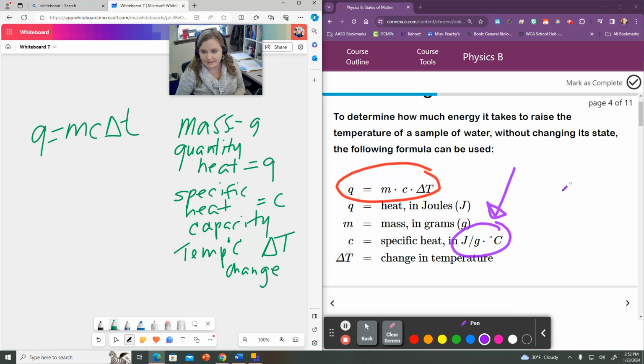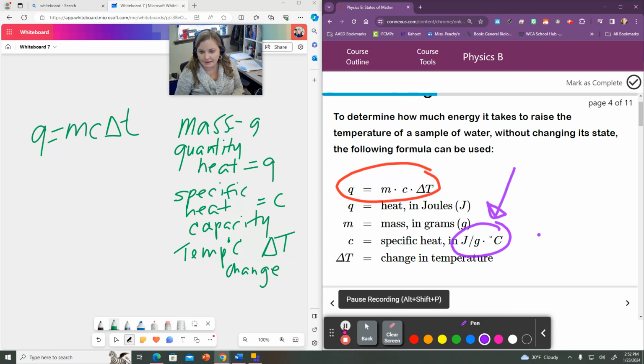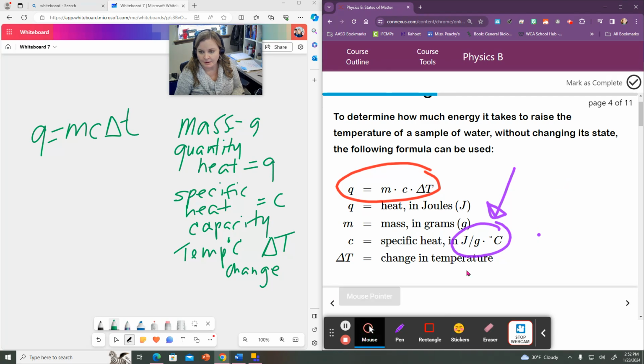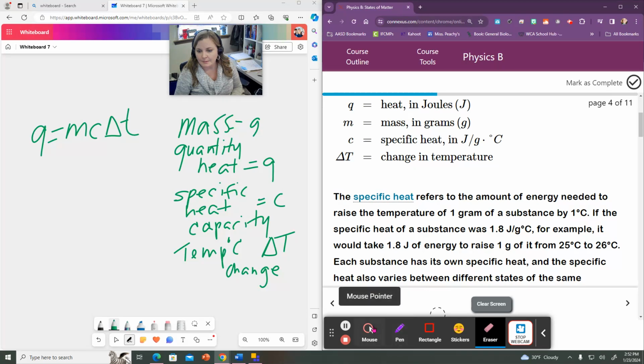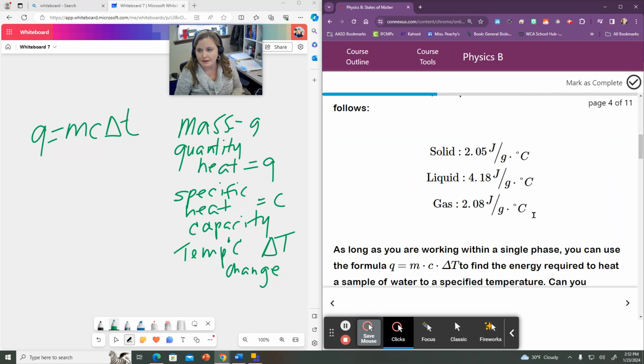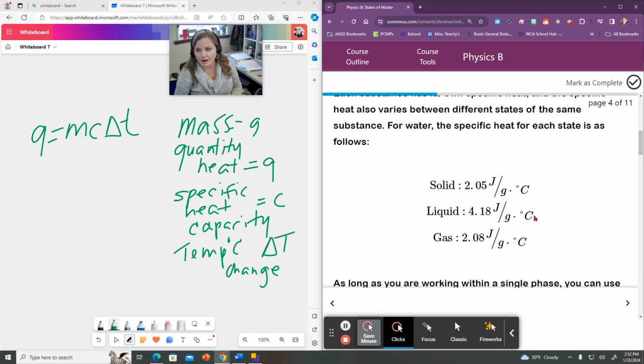All right, so that being said, I'm going to clear everything off here. Just going to go back. So this is for water, okay? So every substance has its own specific heat capacity. I don't know if this is going to give us that.